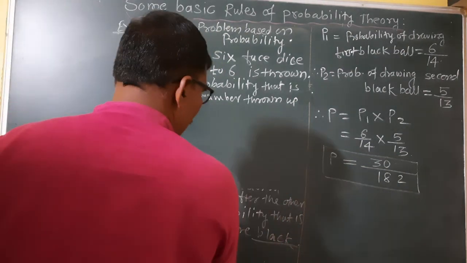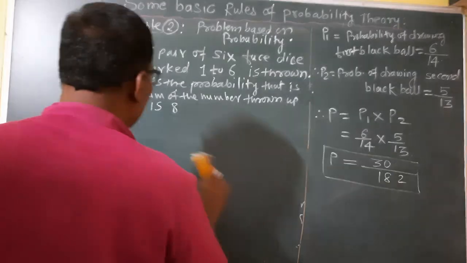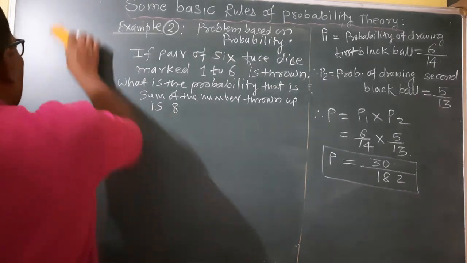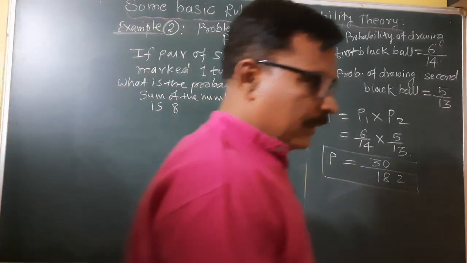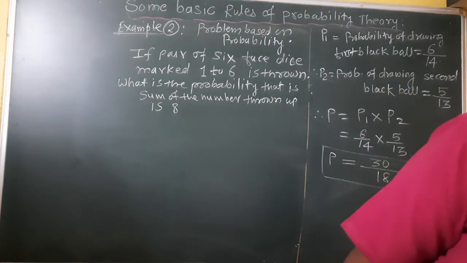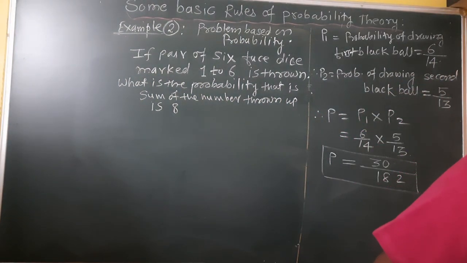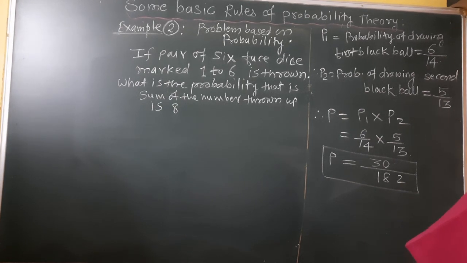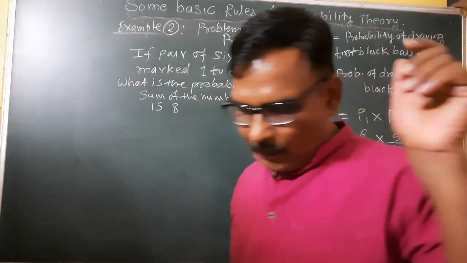Now we have two dice marked 1 to 6. In the last lecture we showed one more die.